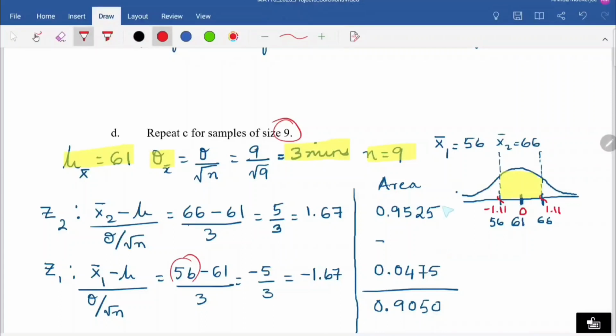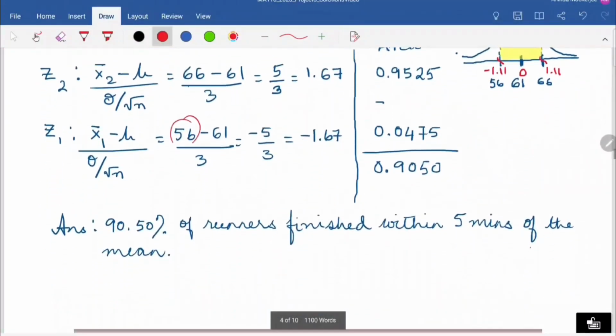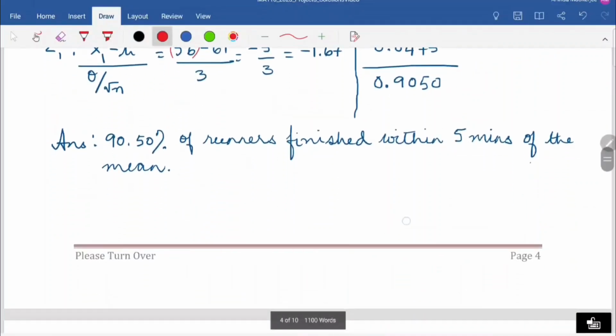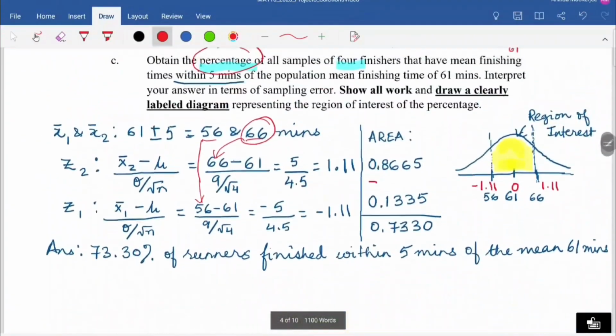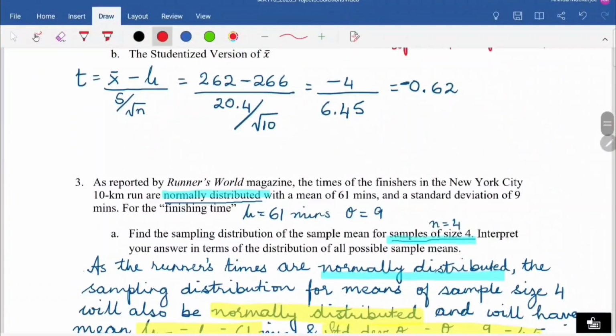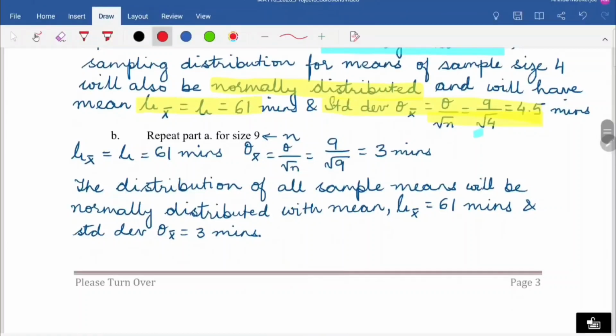Find the areas from the table and we come up with a value of 0.9050, which translates to 90.50% of runners finished within 5 minutes of the mean of 61 minutes. So these are the answers for this particular question on the New York City 10K run.